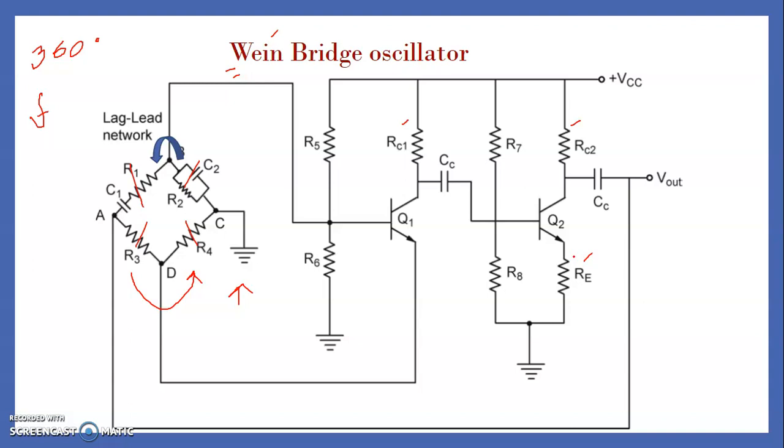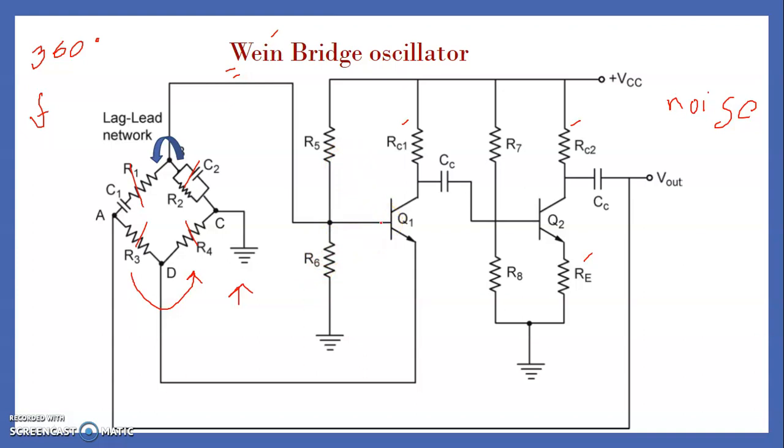What happens here is that we have applied only the DC supply. Even if we don't apply any input at all, at the output side we will definitely have certain noise. Here we are applying VCC. Depending upon the values of resistors R5 and R6, that is, the voltage dividing, the voltage gets divided here.